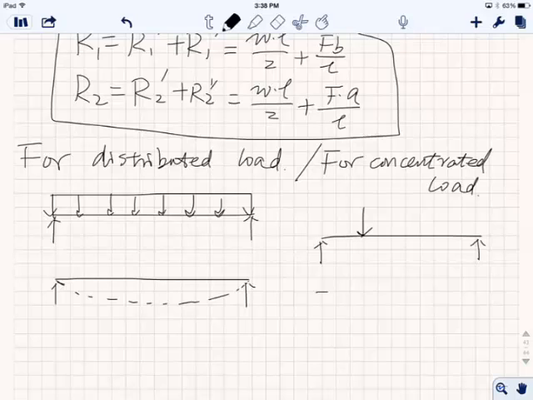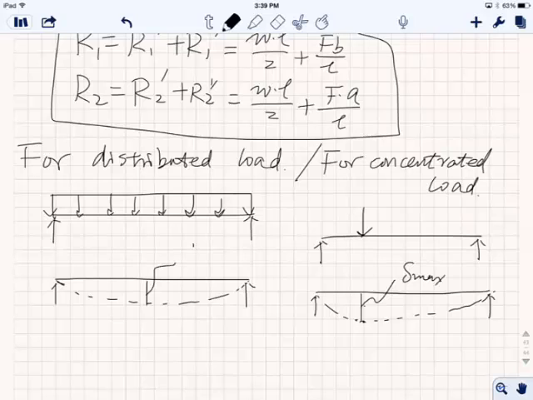While for this, maximum deflection is where the force is applied. Here's maximum, here's maximum, right? Okay, so this is what it's going to look like.